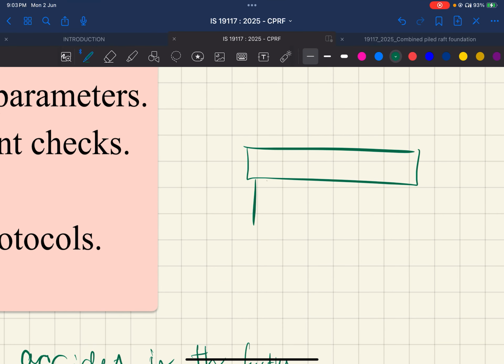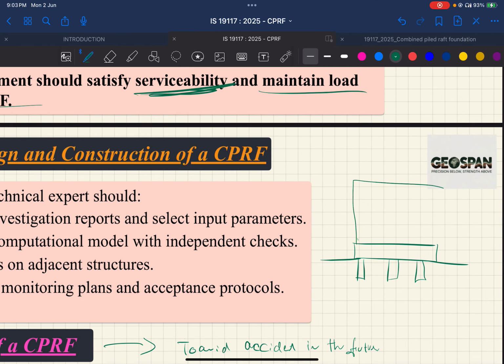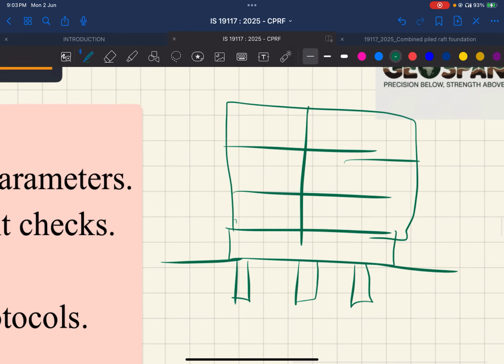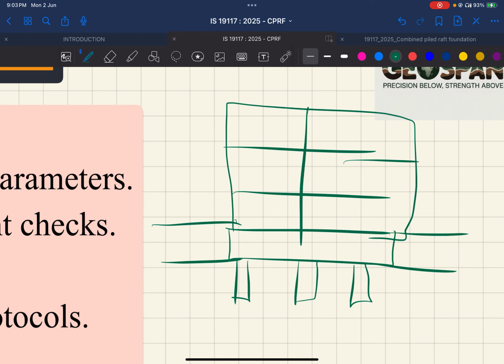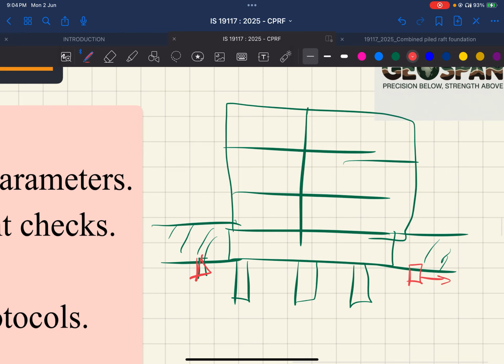My combined pile raft foundation has been constructed here, and over this one, my superstructure is constructed. We will be filling this with soil, so we will be placing a settlement marker here and it will be monitored during and post construction.